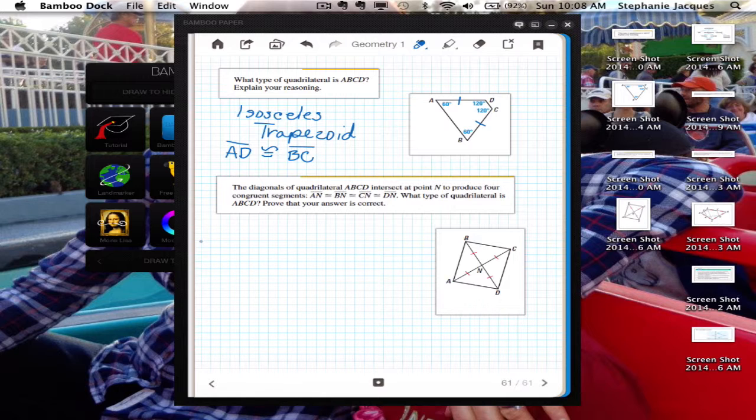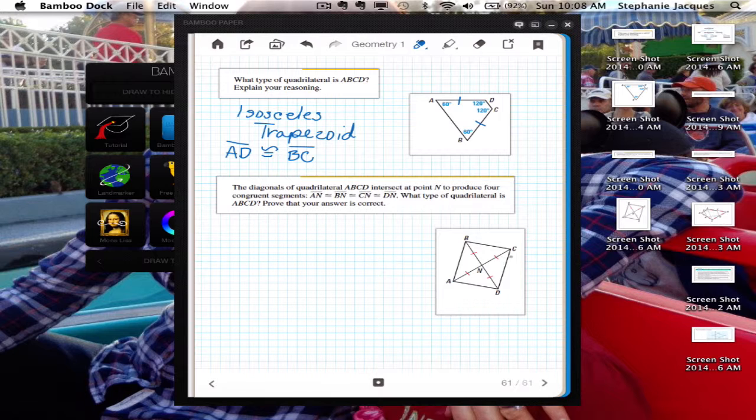Now, looking at the next one. We have the diagonals of quadrilateral ABCD intersect at point N to produce 4 congruent segments. So I have AN, BN, CN, and DN, and they're all congruent. What type of quadrilateral is ABCD?